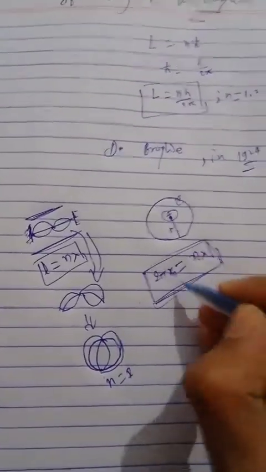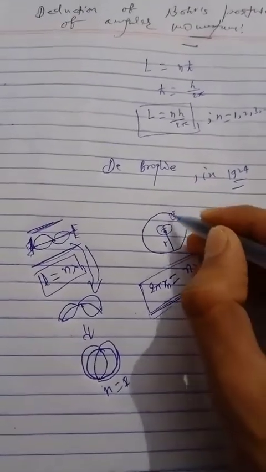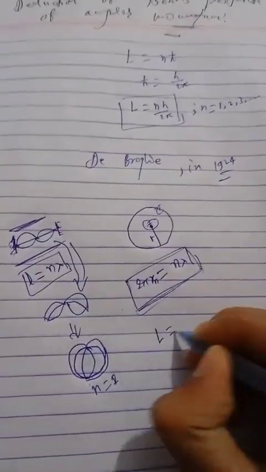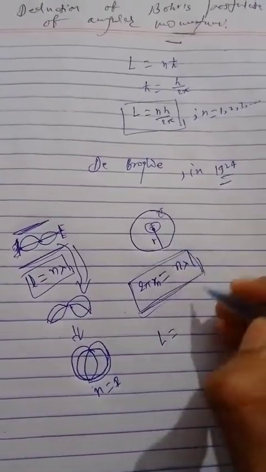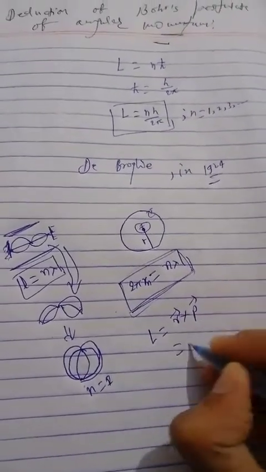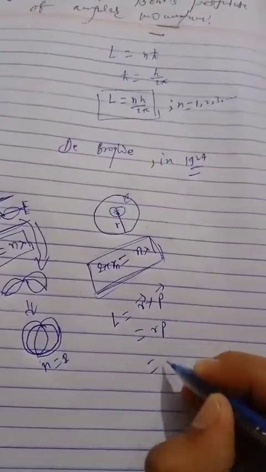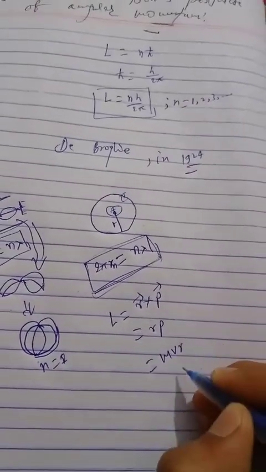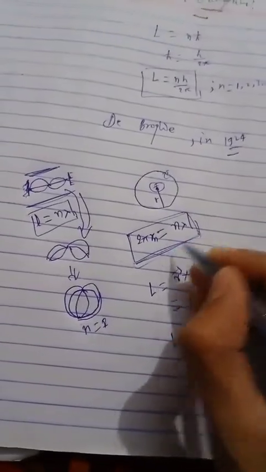Also, we know that the angular momentum of the electron can be written as r cross p, and for circular motion it is simply rp, because the value of theta is 90 degrees, so sin theta is just 1, and you can write it as mvr. Let this be equation 1.